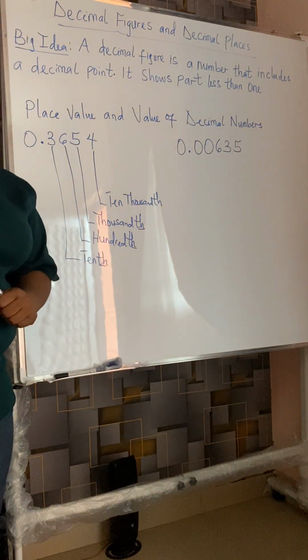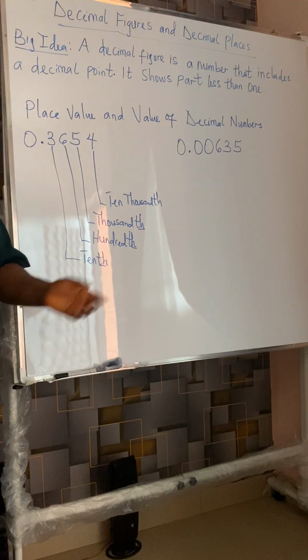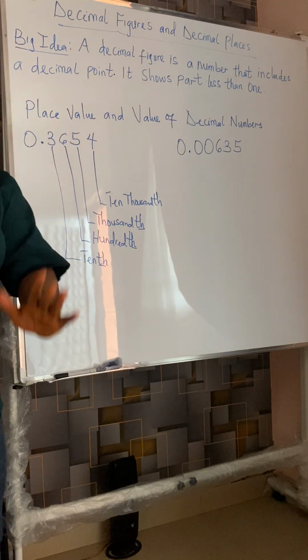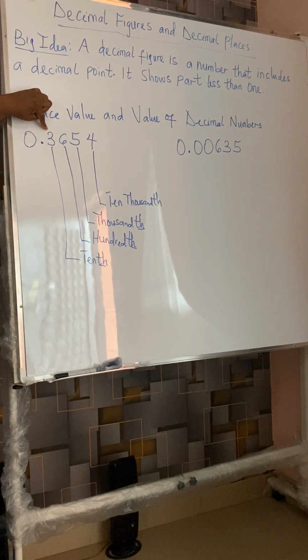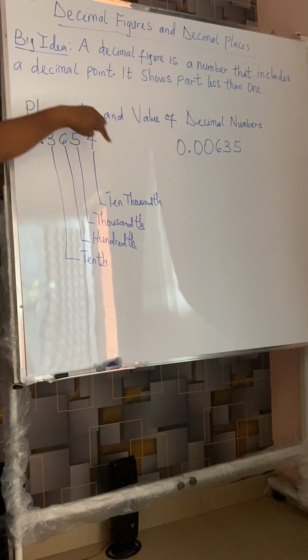If we have this understanding, we can arrange decimals in increasing order of magnitude. I'm going to bring us videos where I'll crack that, but what I want us to know for now is that this position here, the tenth, is greater or bigger than the hundredth. The hundredth is greater or bigger than the thousandth, and the thousandth is greater or bigger than the ten-thousandth.